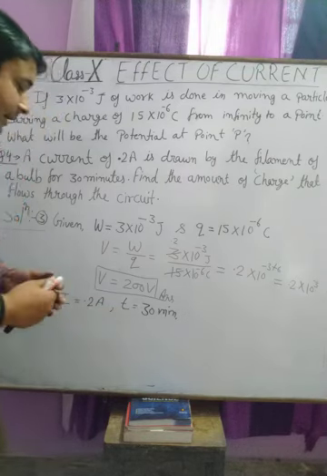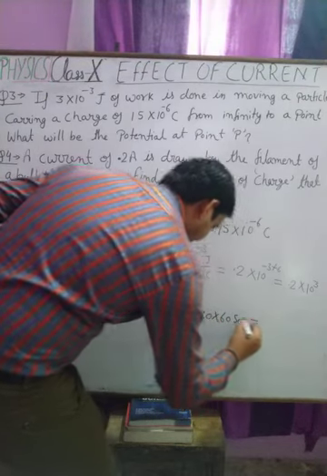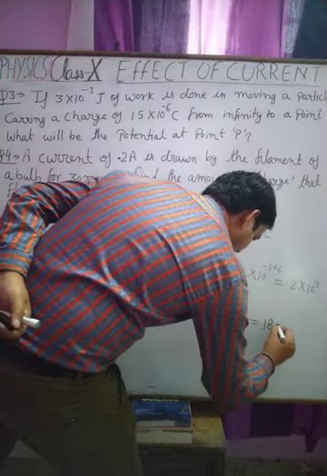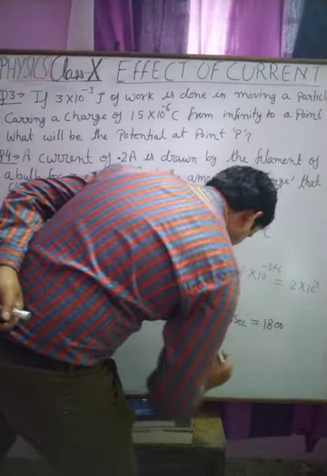So we multiply this 30 with 60 seconds. So we get 30 into 60 seconds, and the result is 1800 seconds. This is the time of moving this charge.